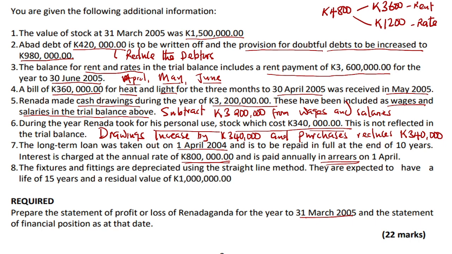How much did we pay in advance for 3 months? No, the 3.6 was including April, May, and June.